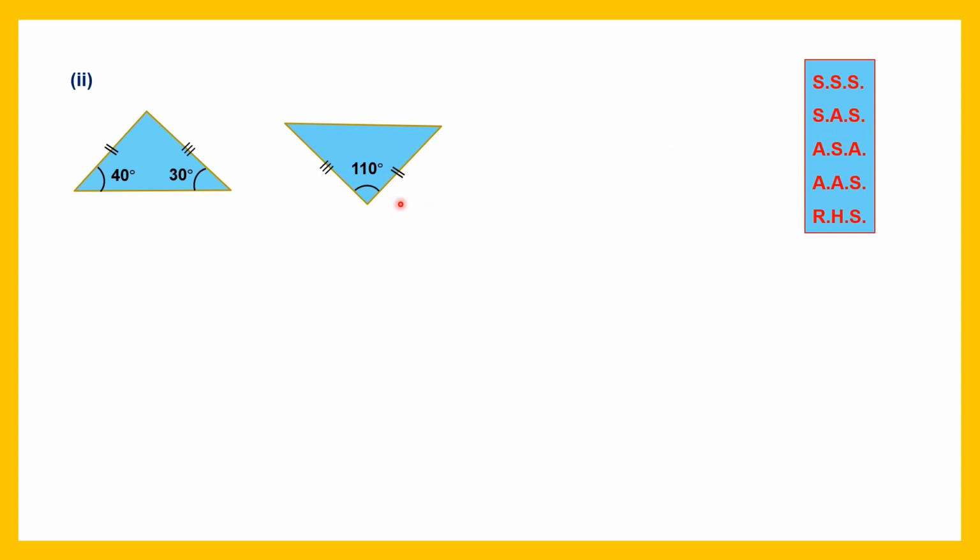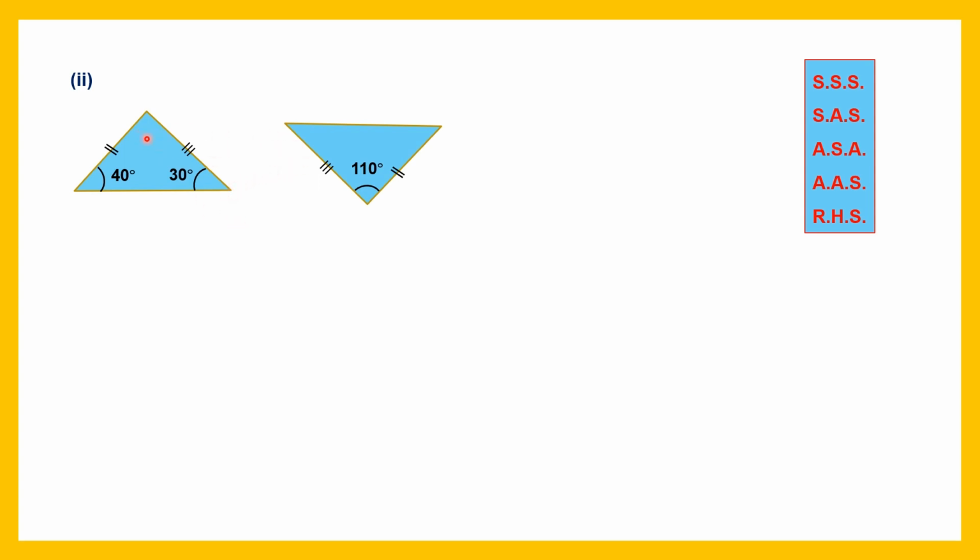Here we have two sides and this angle is called the included angle because it is in between the two sides. Whereas here we have two sides but we don't have the measurement of the included angle. But we have been given the measurement of the other two angles. So let's find out the measurement of the included angle. Then we can say whether these two triangles are congruent.